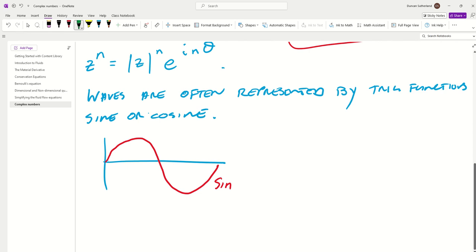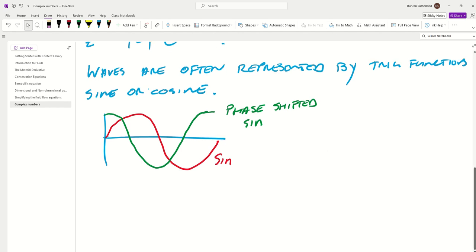The cosine is just a phase shifted sine. So if you shift the phase of the sine by pi on 2 or 90 degrees, you get a cosine.